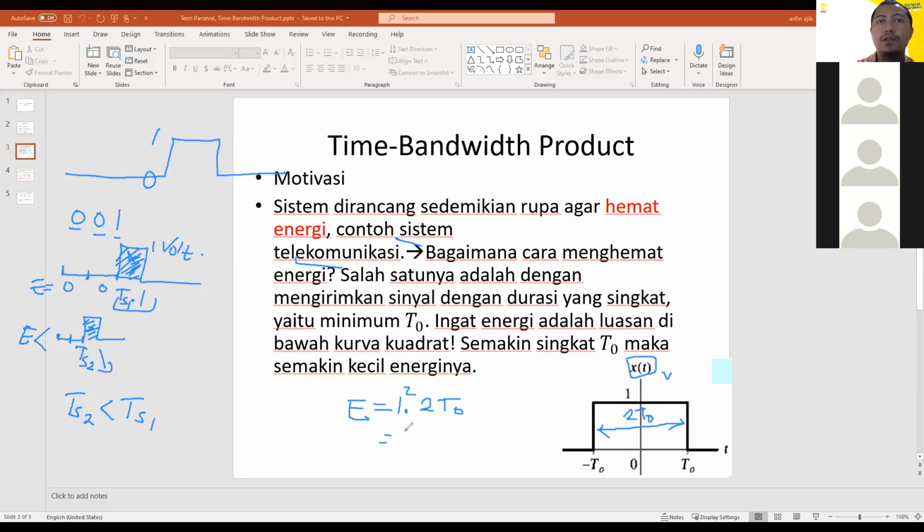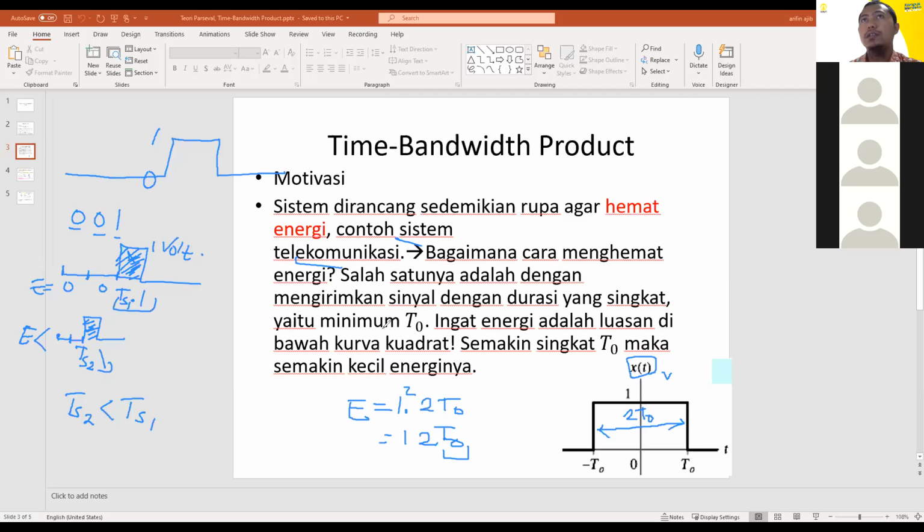So it's still 1 times 2T0. The energy really depends on the duration of the signal. So what do you think if we reduce the duration of the signal? Of course, the simple effect is reducing the energy, and so our purpose is achieved.